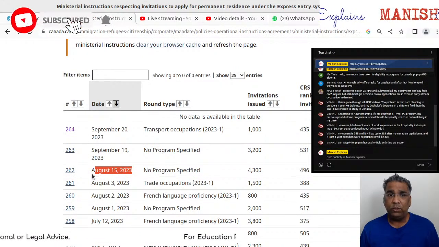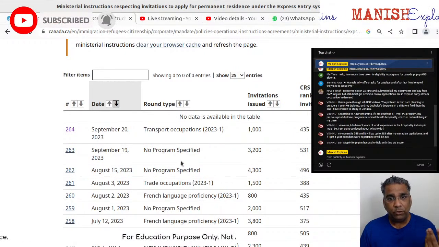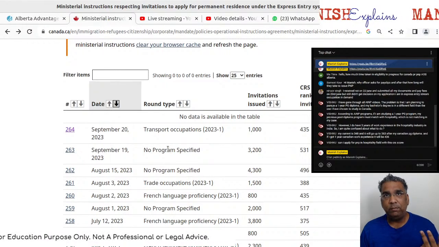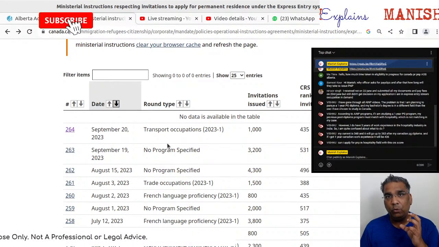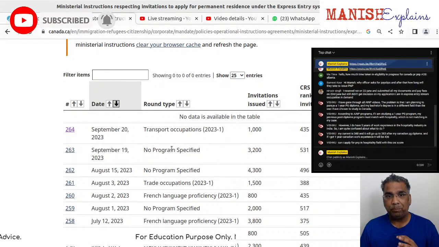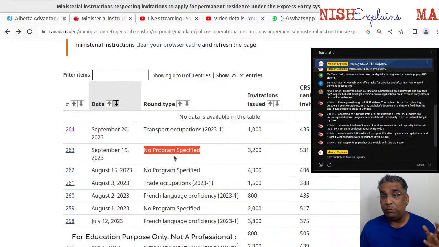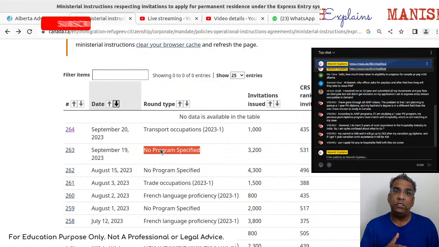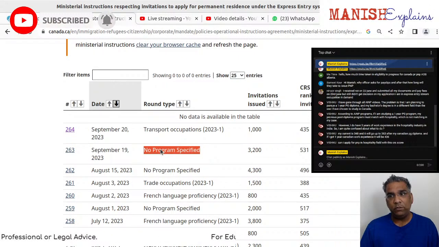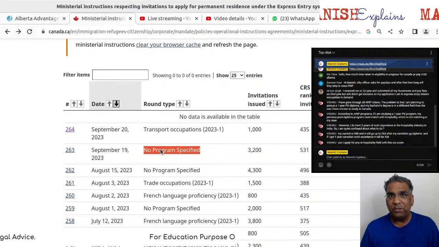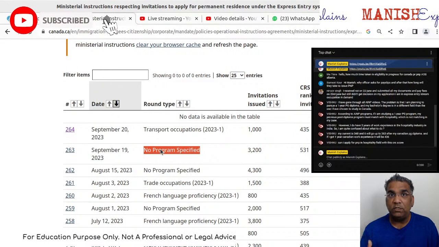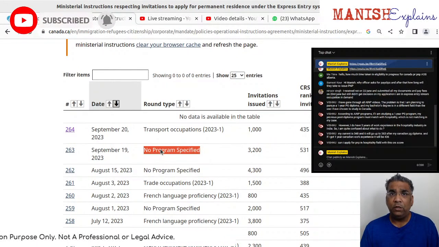If you look at this draw, you have to look at two things. Number one is the round type. The round type gives an idea about the programs under which IRCC is inviting. If it says something like no program specified, it means all programs are eligible. I know it can be confusing for new people. No program specified means all Express Entry streams who satisfy the CRS score criteria will get an invitation.